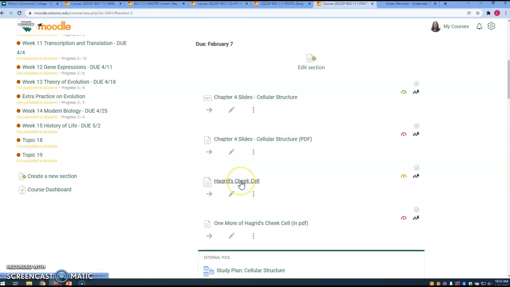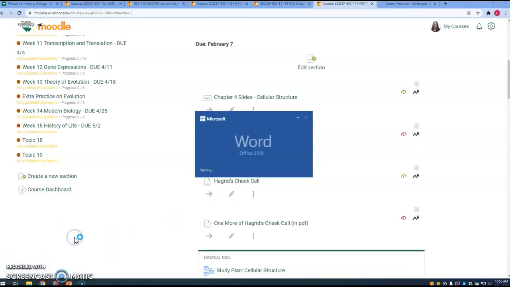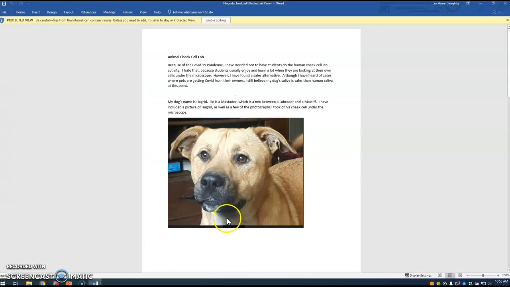And then Hagrid's cheek cell is just simply to show you what a typical animal cell looks like. I swabbed the inside of my dog Hagrid. This is Hagrid. And now you know a little bit more about me.